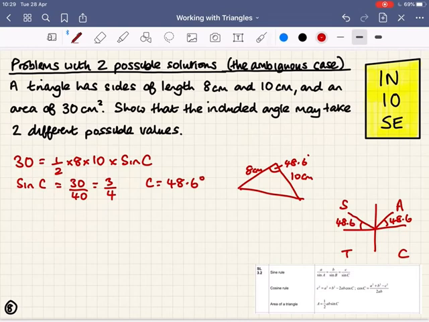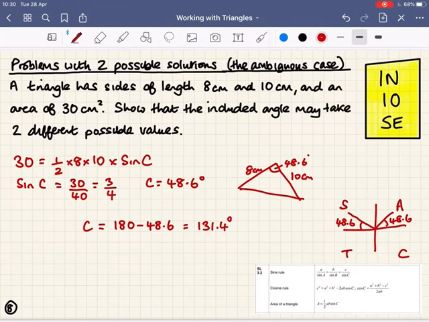So we would have a second angle that C could also equal: 180 minus 48.6, which is equal to 131.4 degrees. Because there are two possible solutions between 0 and 180 where sine C equals 3/4.